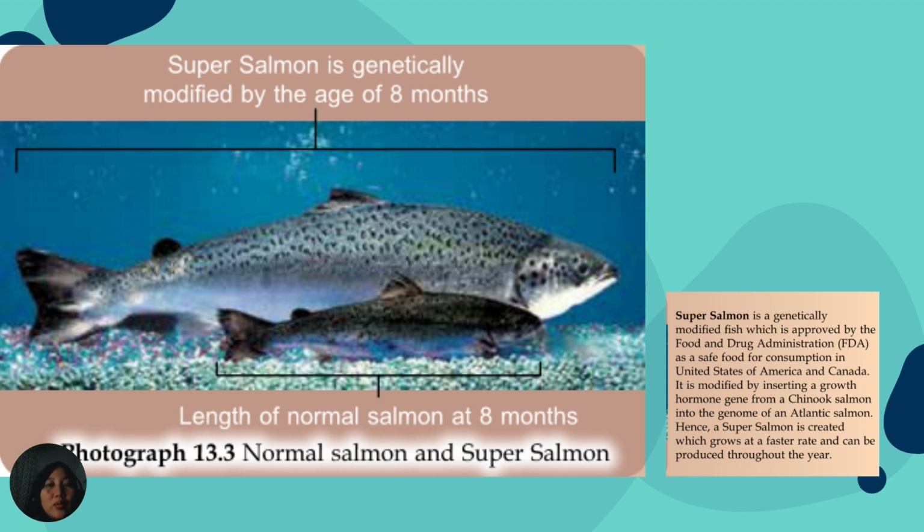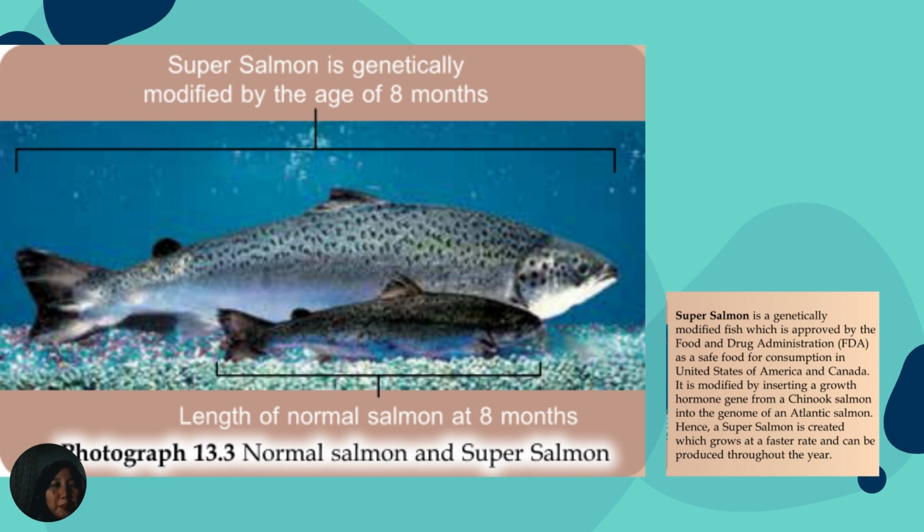Okay, apa maksud genome? Genome ni adalah maksudnya a set of DNA. Maksudnya dia satu set. Lepas tu dalam satu set DNA ni, kita masukkan yang baru lagi. Itulah insert into a genome. Okay, genome of Atlantic salmon. So super salmon is created.